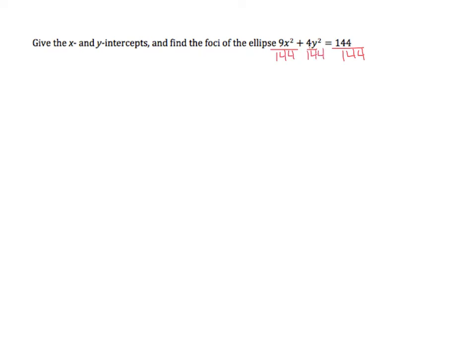And then when you simplify, you'll end up with x squared over 16 plus y squared over 36 is equal to 1. Because the number underneath y is larger, I know that this ellipse is vertical.